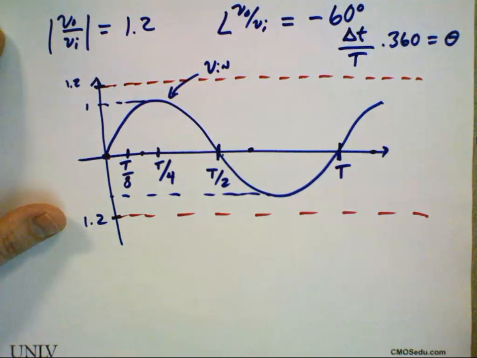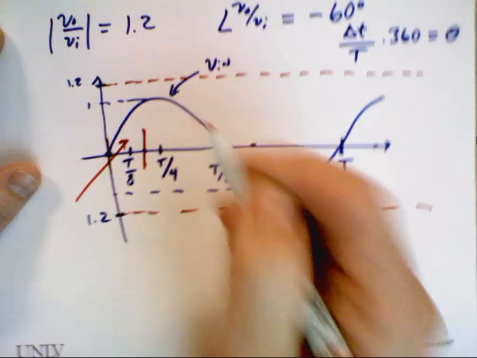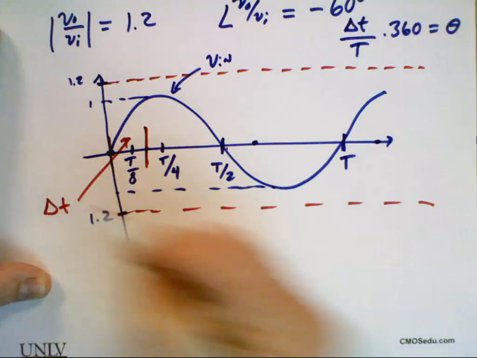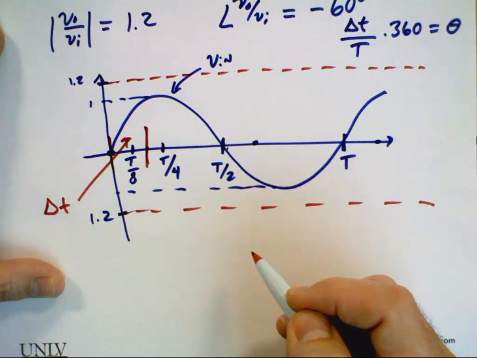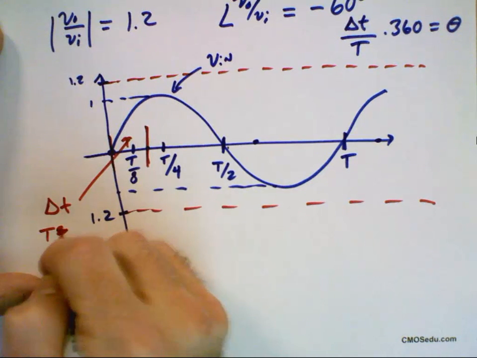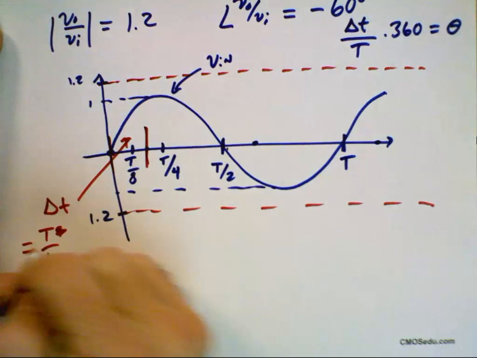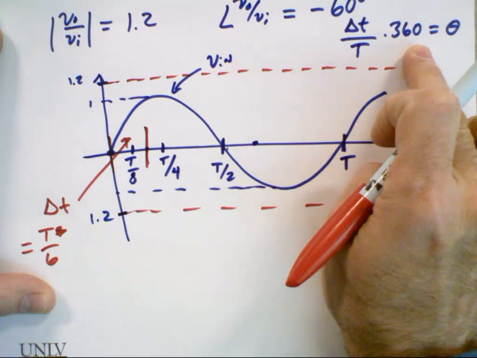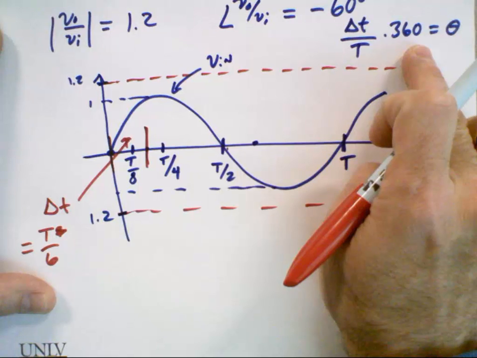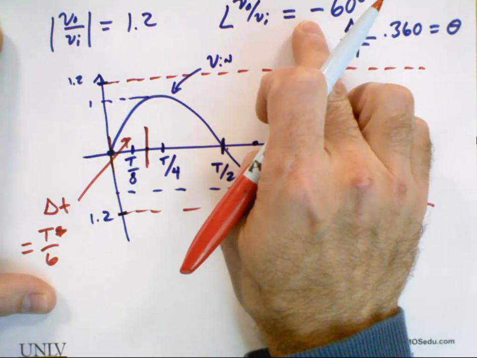Okay, so before I draw the sine wave and complicate things, what's this delta t? It's T over 6. So I plug in T over 6. What do I get? 60. And the minus I don't worry about because that just means the output occurs after the input.